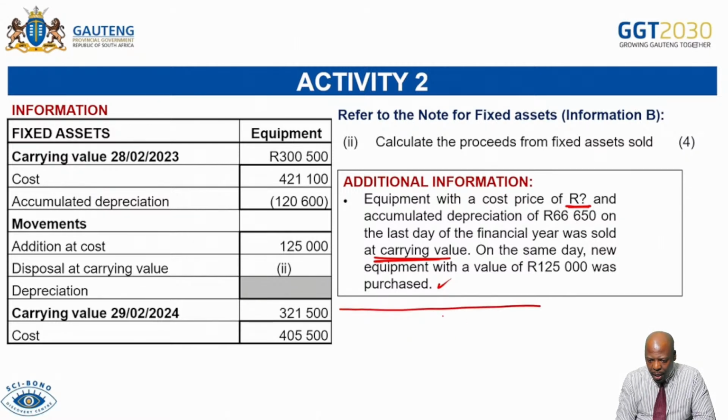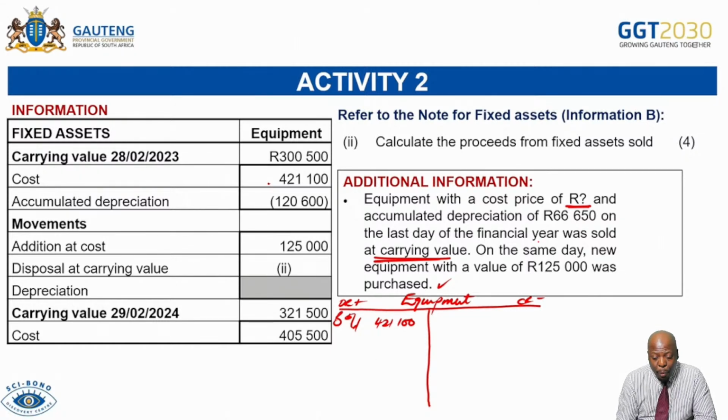So I'm going to open a quick T account here like this. And I'm going to code this equipment. Equipment, that means it increases on the debit side. On the debit side is a plus, but on the credit side it's a minus. So at the beginning, I had my balance brought down, which was 421,100. That is the equipment that I started off with. Then I added a new one.